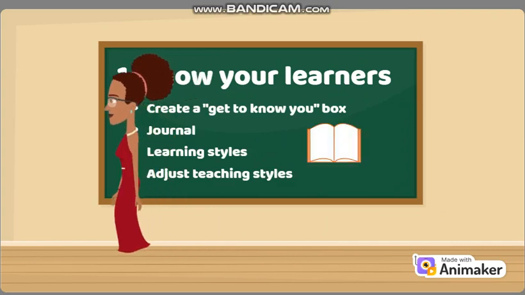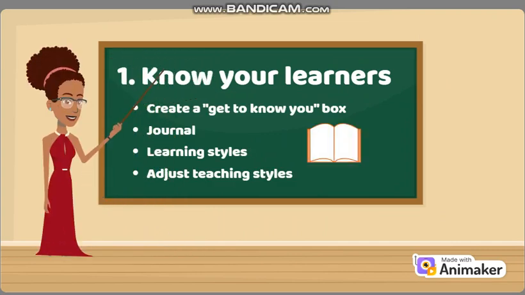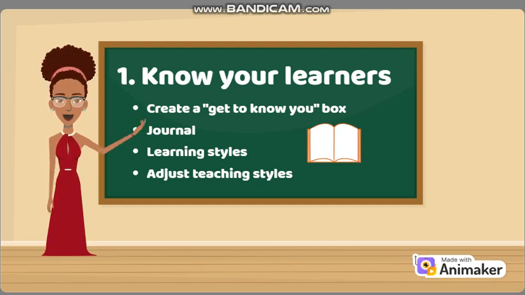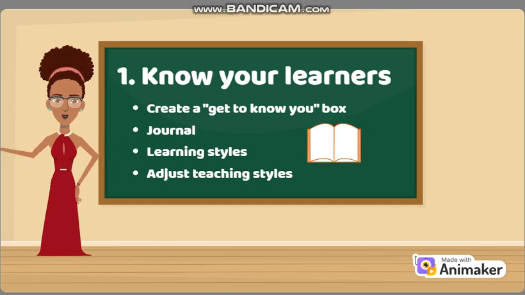Okay, so in order for us to create an inclusive education, the first step that we need to take is to know our learners. Before we can teach effectively, we need to understand who we are teaching, as each learner is shaped by their culture, family, language, and experience.